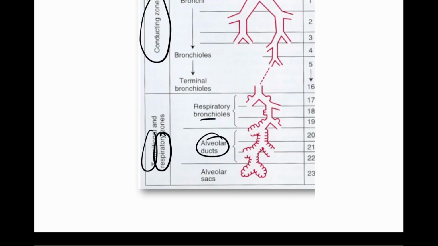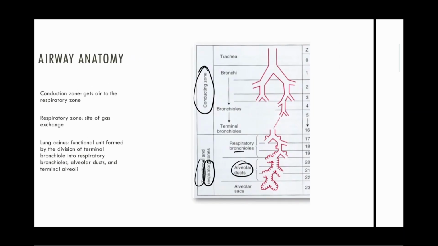Gas exchange, O2 and CO2, occurs in these zones all the way down in the alveolus. All the terminal bronchioles and the bronchus, there's no diffusion happening here. They're just moving air. That's all they do.